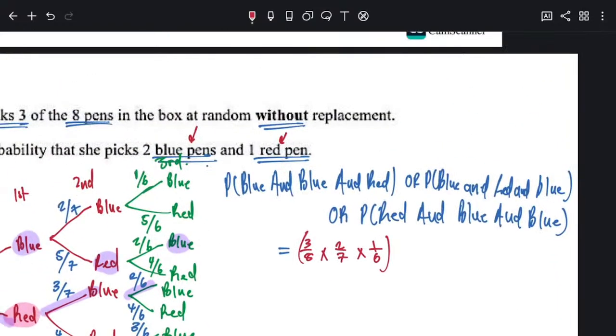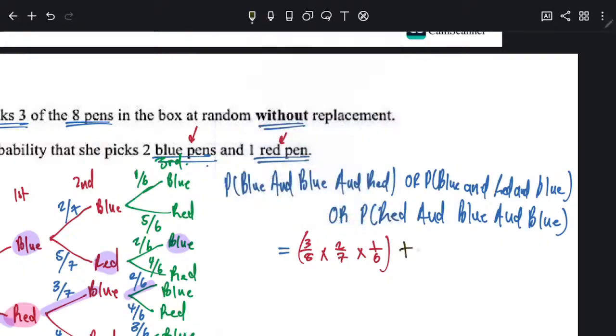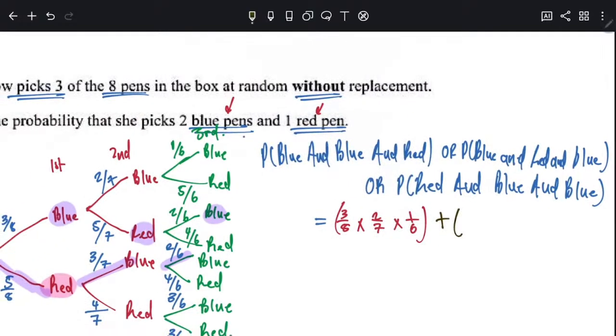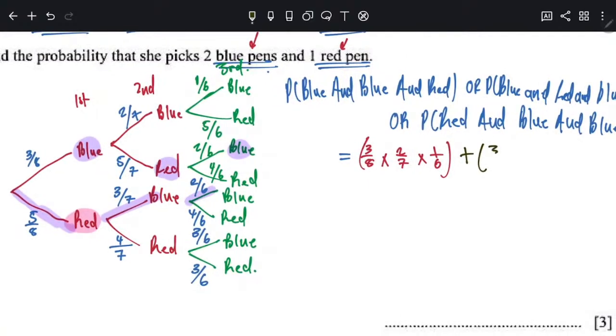Then you say or, which means you must add. Blue, red, and blue, what would it be? Blue is 3 over 8, times red, 5 over 7, times blue, 2 over 6. Here this was supposed to be 5 over 6.